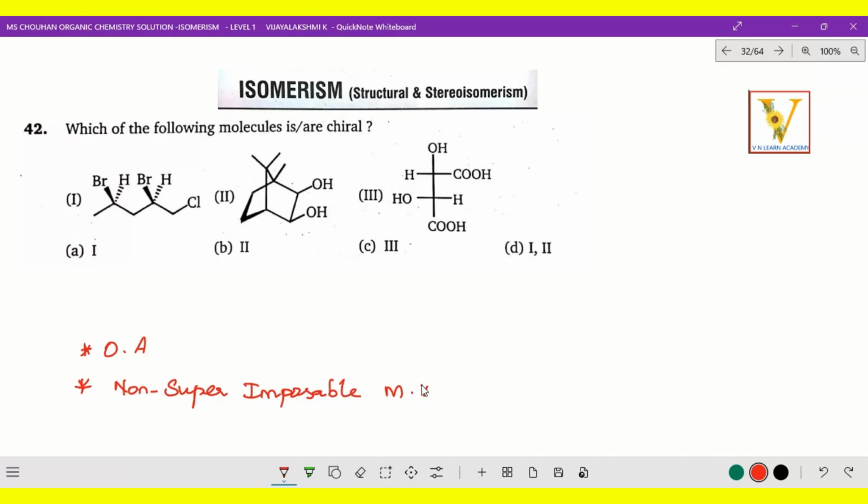The third point: POS and COS will be absent. And the fourth: it can rotate PPL, plane polarized light.